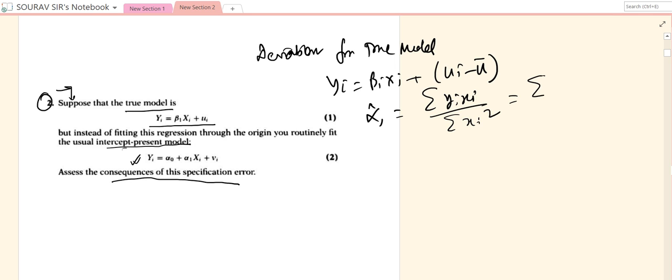So summation of (beta1 xi plus ui minus u bar) into xi, whole divided by summation of xi square.